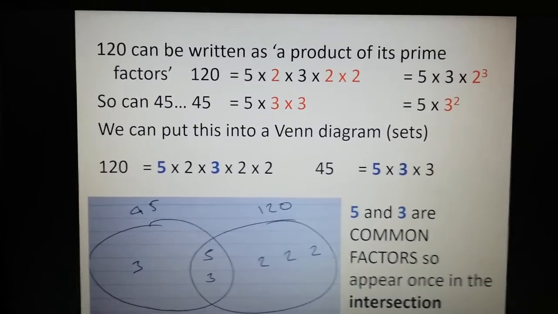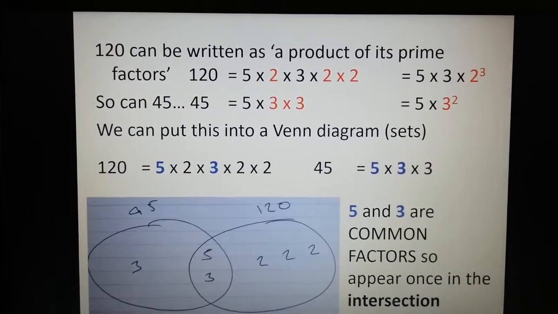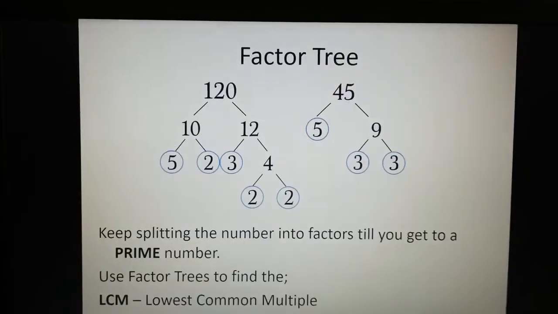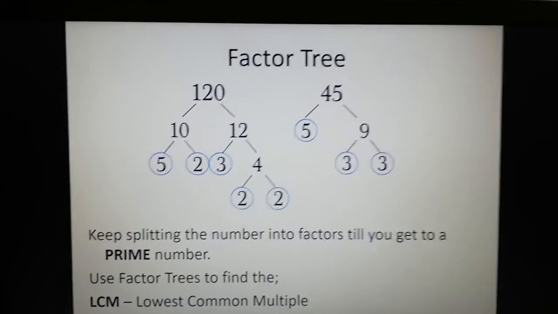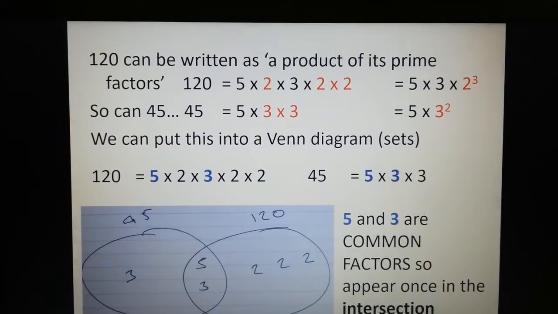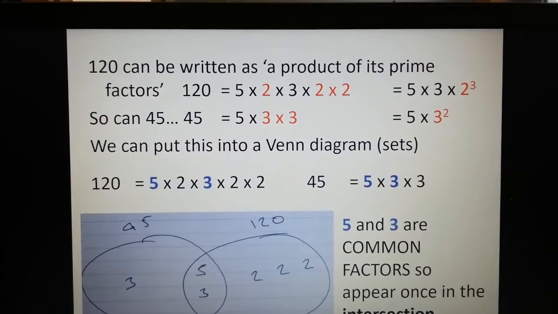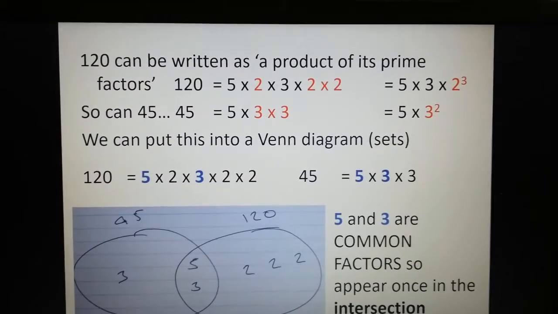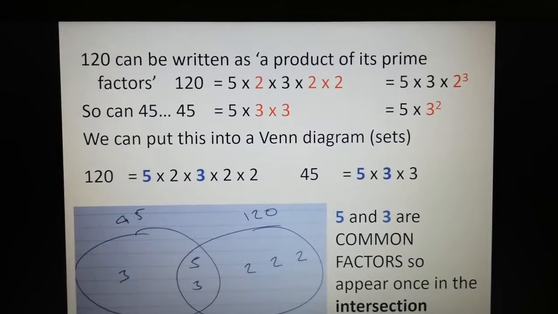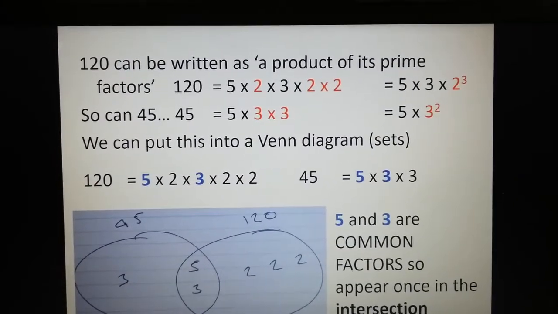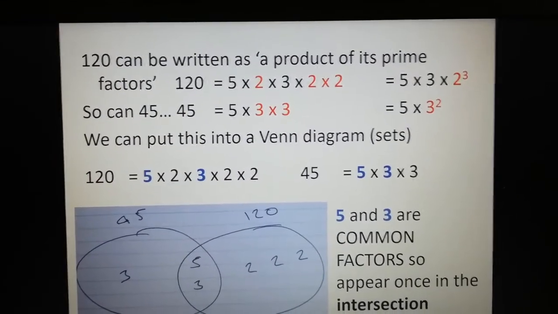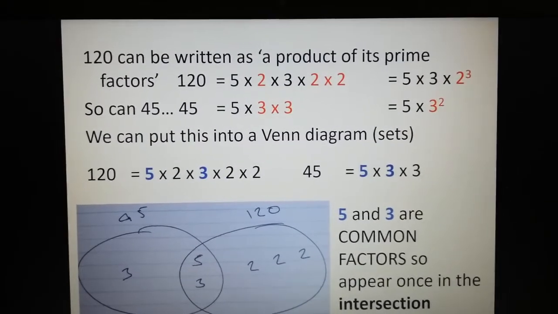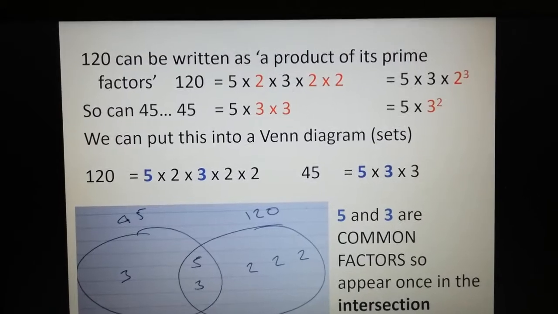So here we've got what we call the prime factors of 120 and also 45. If we go back to the previous slide, you can see where I got those from, the bottom of the factor tree. Also for interest, 5 times 2 times 3 times 2 times 2 can be written as 5 times 3 times 2 to the power 3, because you've got three 2's in there, 2 times 2 times 2, 2 to the power 3.